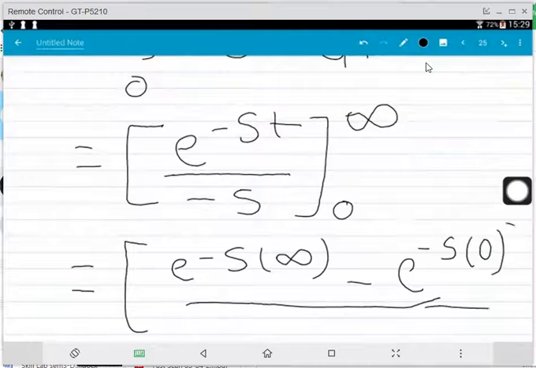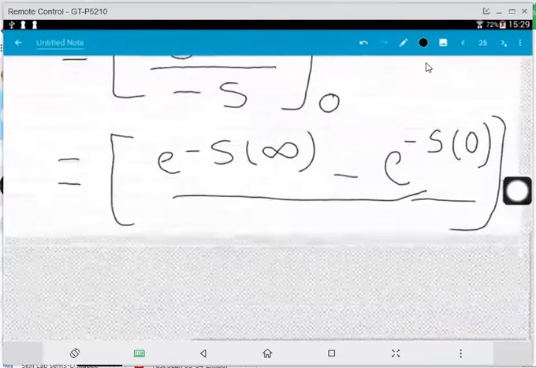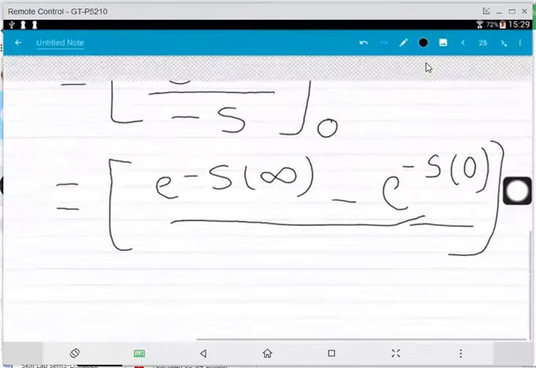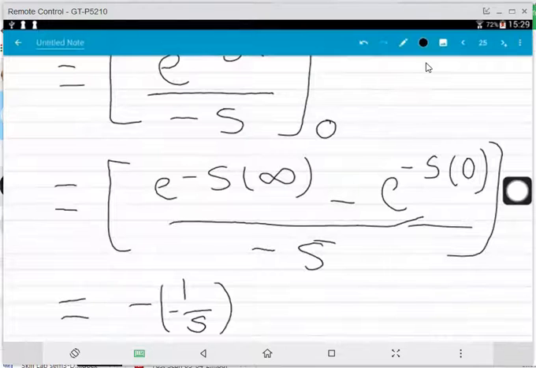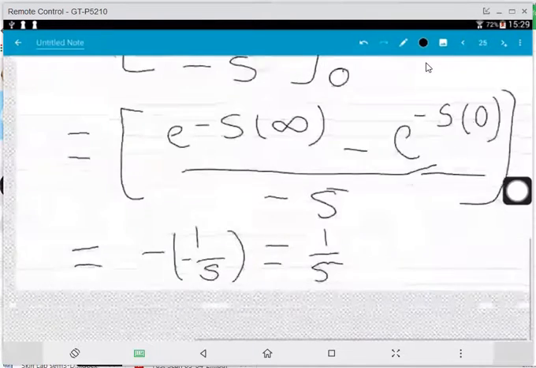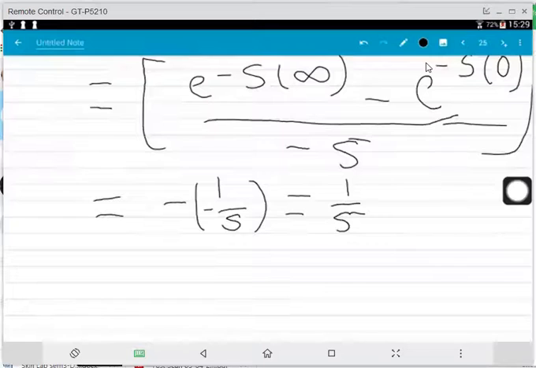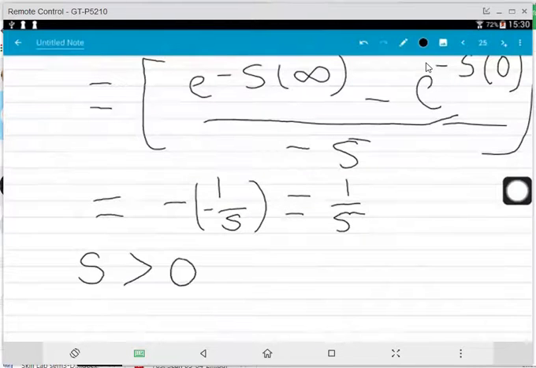So here you will get minus of minus 1 divided by s. So it will be equal to 1 divided by s. Now this is a causal signal. So for a causal signal, this ROC will be greater than 0.